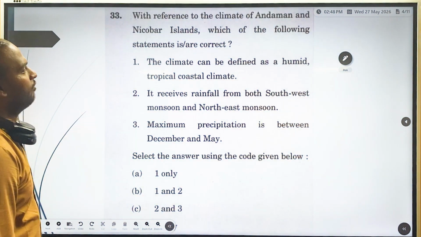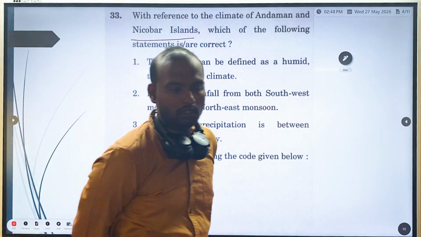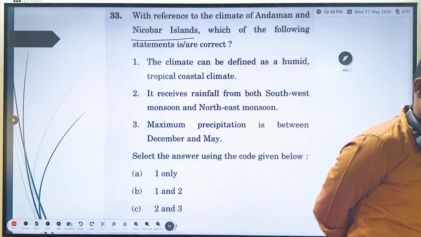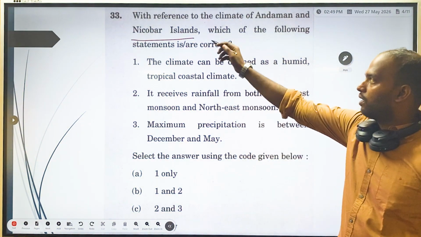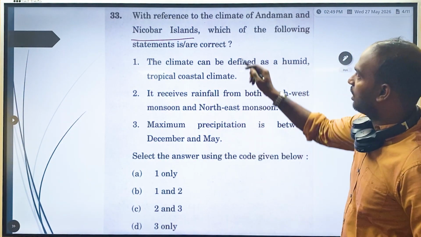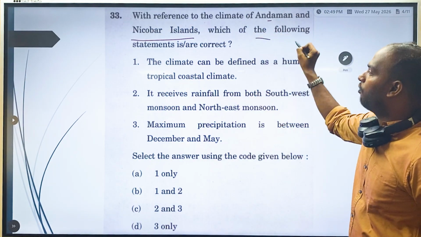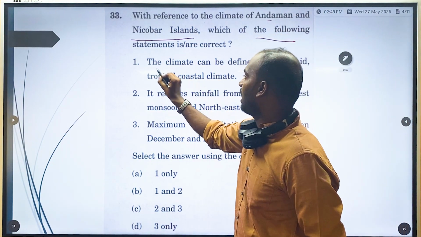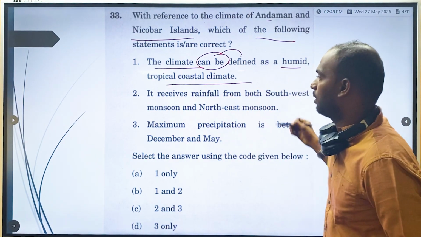Okay. With reference to the climate of Andaman and Nicobar. See, the Andaman and Nicobar Islands were in the news last year. So this question was asked with respect to this current affair only. But this is very easy. Which of the following statements is correct? The climate can be defined as a humid tropical coastal climate.